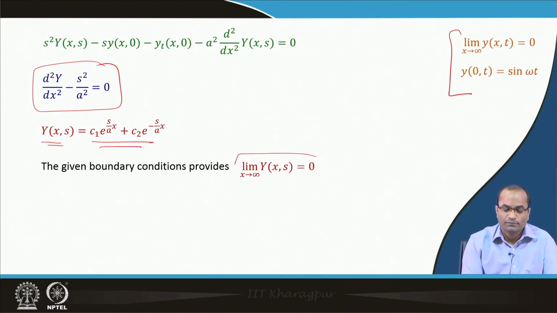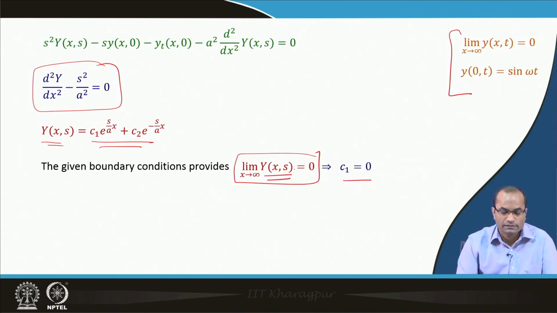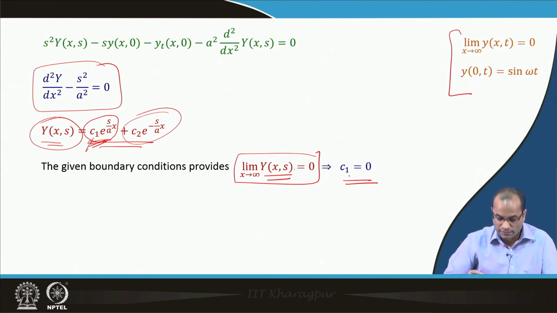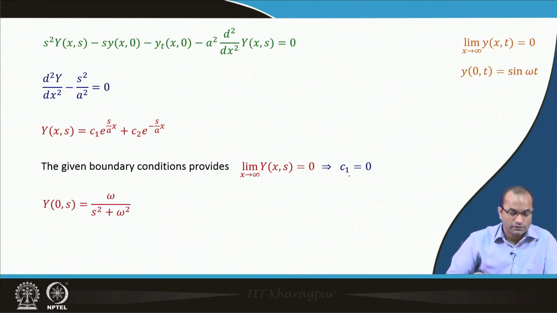The first one says that when x goes to infinity, y is 0. Applying this boundary condition, we realize that c 1 has to be 0, because the left hand side is 0 and the term is going to infinity otherwise. So, we have the first relation.